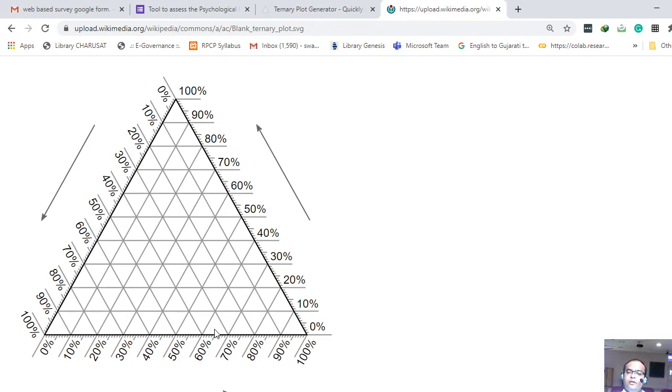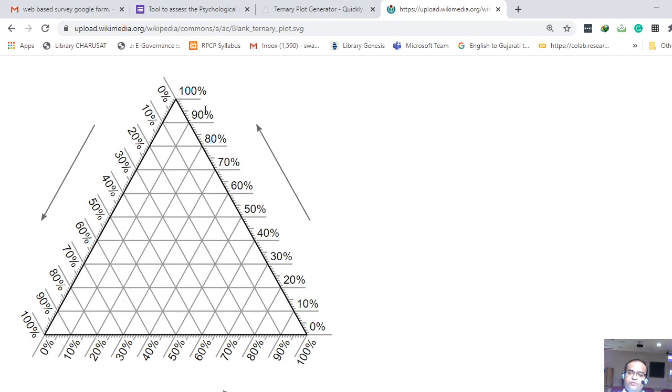And there are two different ways to draw or understand this graph: either anti-clockwise or clockwise.